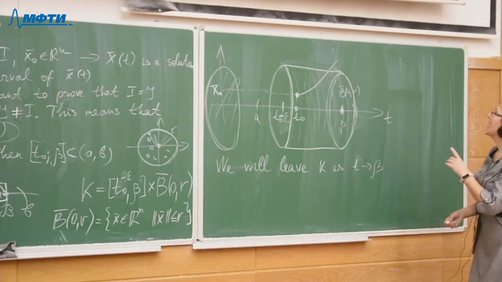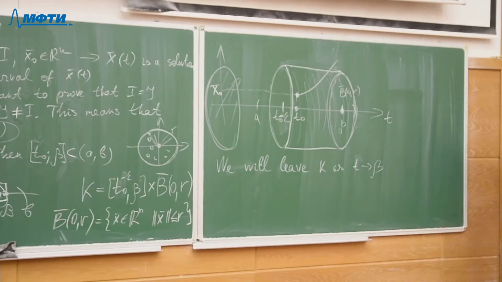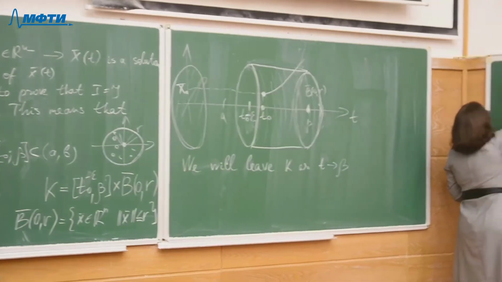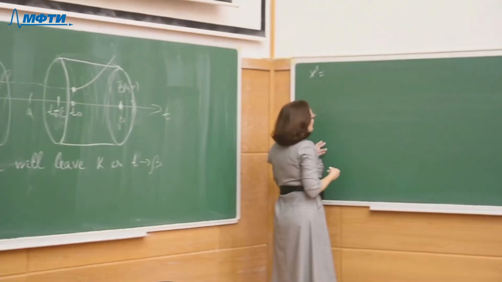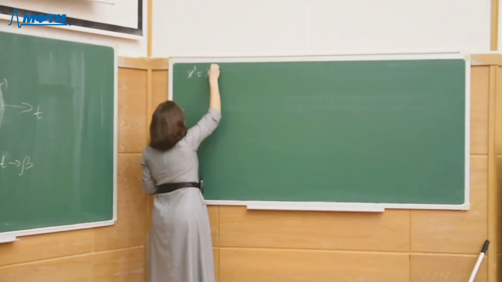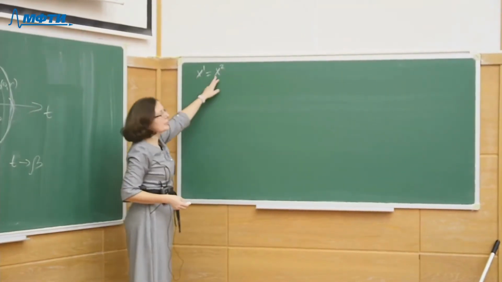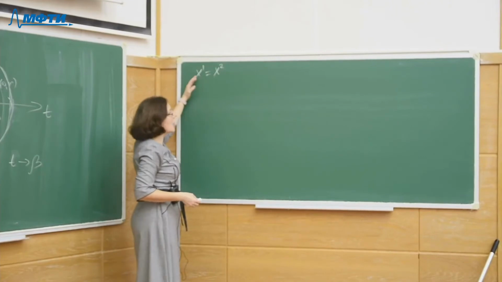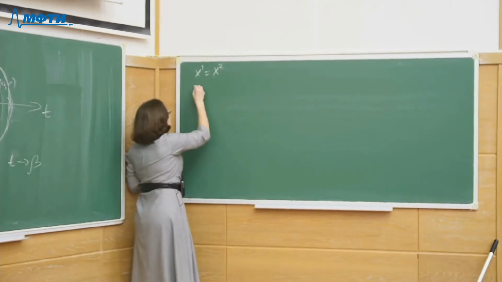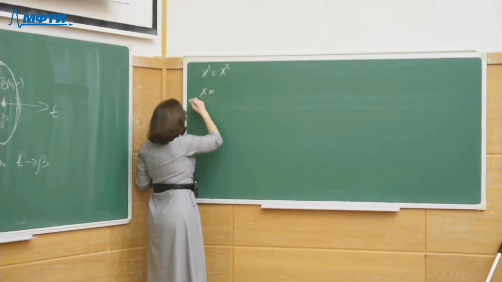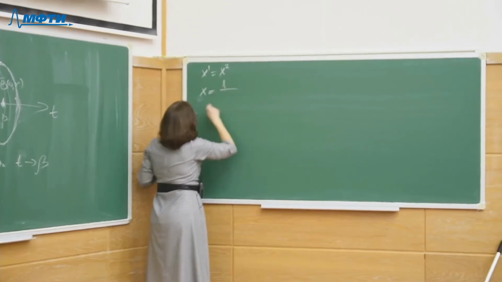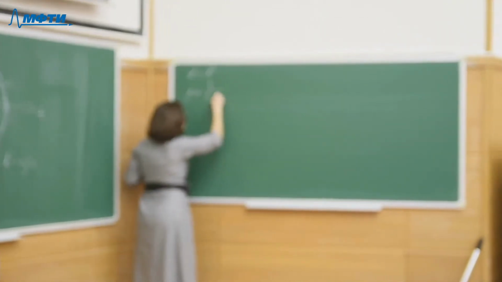For example, I'd like to recall the example that was considered on the preceding lecture. x prime equals x squared was our differential equation, and the solution is obtained by 1 over c minus t.